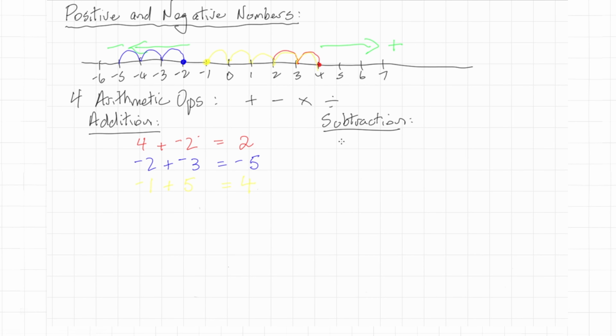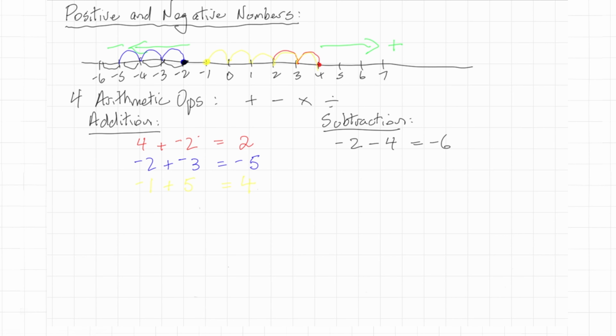We've got, say, -2 take 4. This is where we start, -2, which is up here where we started. This says we're going to go in the left direction and we're going to go 4 units. So we'll go underneath 1, 2, 3, 4, and we end up at -6.